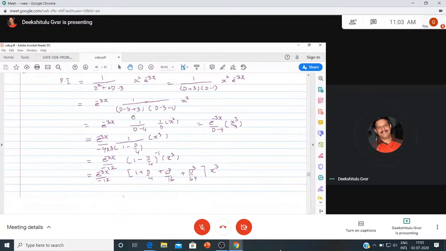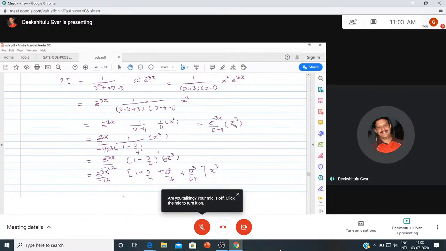x cube by 3. So operate on it with 1 by d minus 4. Again I want this in the form 1 plus or minus a function of d. So I take this minus 4 out. This becomes 1 minus d by 4. When you apply this on x cube, we get terms up to d cube in the expansion. What is d power 4 of x cube?